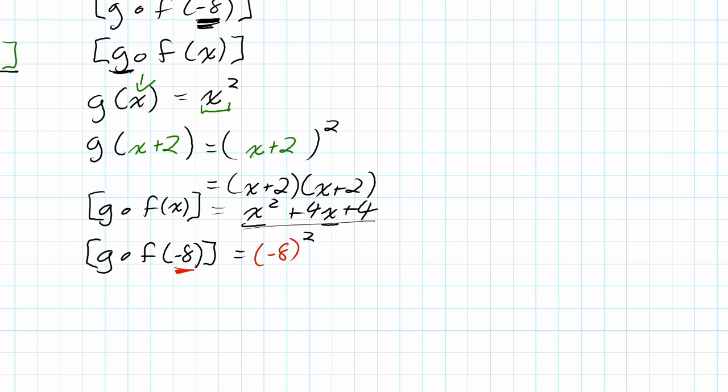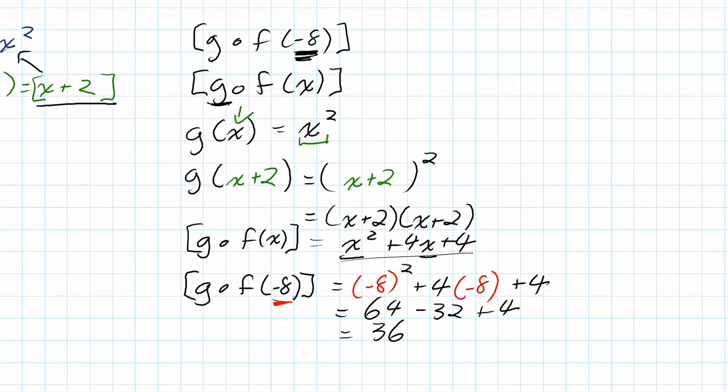So -8 squared plus 4 times -8 plus 4. And now we just carry this out. Becomes 64, subtract 32. Yep. Plus 4 becomes 32 plus 4, 36 should be our answer in this one.